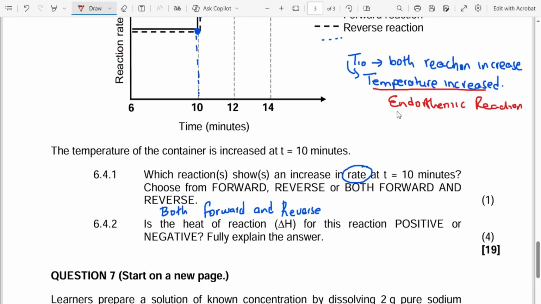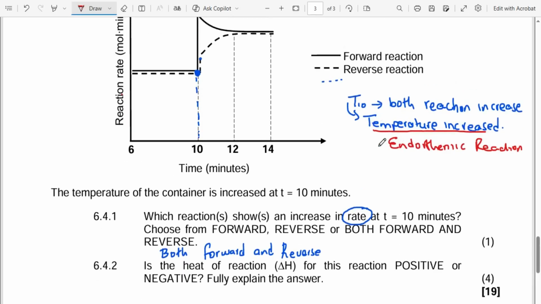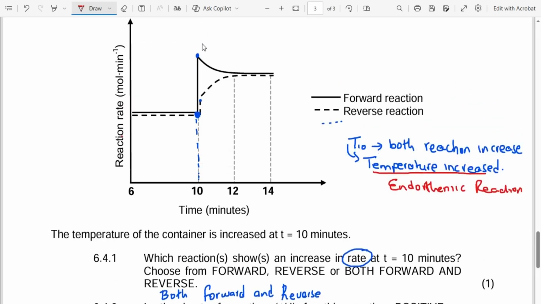Thermic reaction, endothermic reaction. So now, if the temperature is decreased, we favor exothermic reaction. Okay, so this tells you that looking at this reaction, you can see that the rate of the forward reaction becomes greater than the reverse.